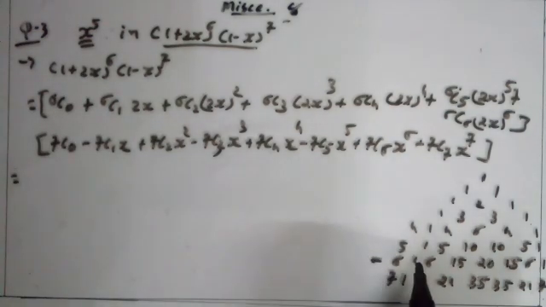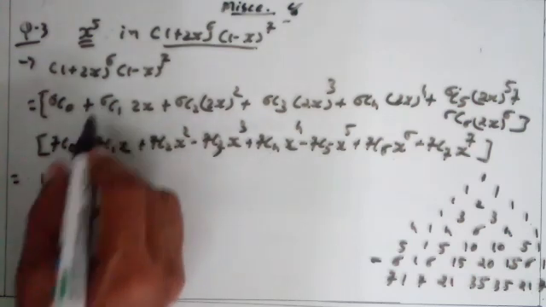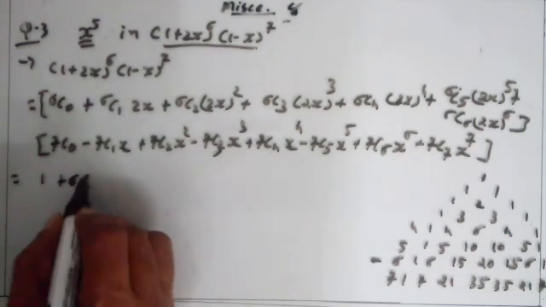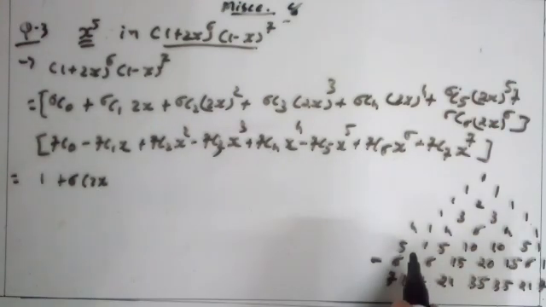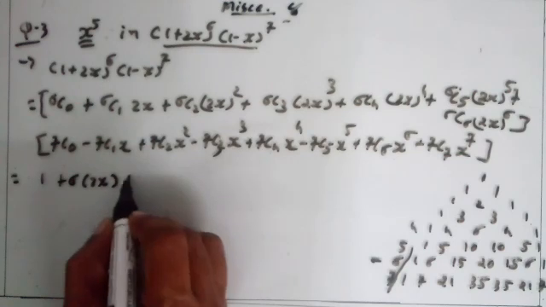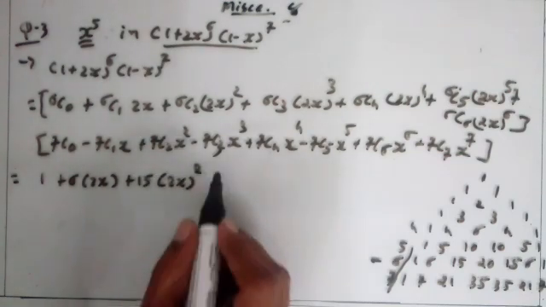So the coefficients become 1 6 15 20 15 6 and 1. So 6C0 is equal to 1, 6C1 is equal to 6 into 2x, 6C2 is equal to 15 into (2x) raised to 2.